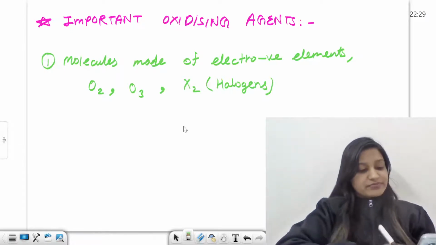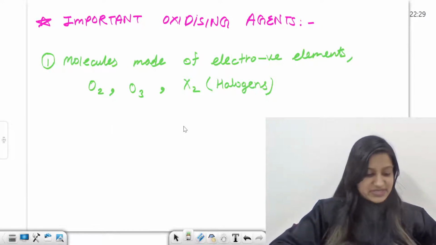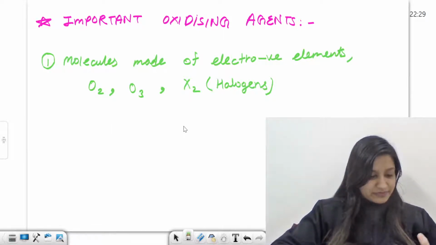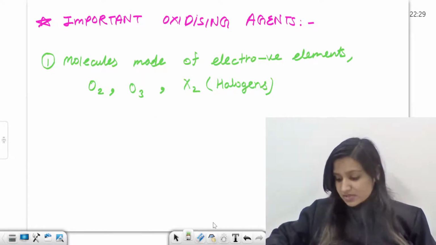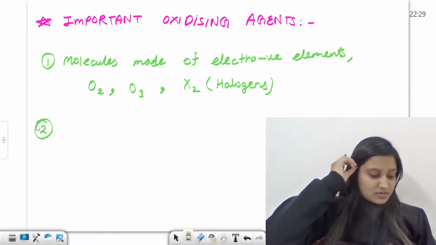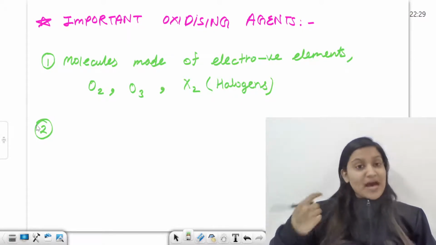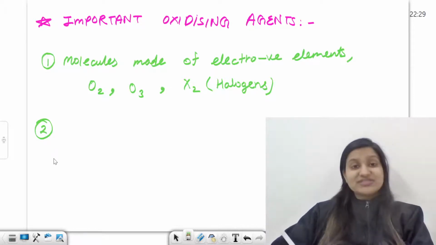Let me check your comments. All right, then we can carry on. Yeah, we can move on. Now comes number two: compounds containing an element which is in the highest oxidation state.